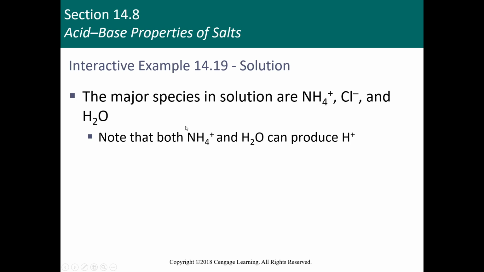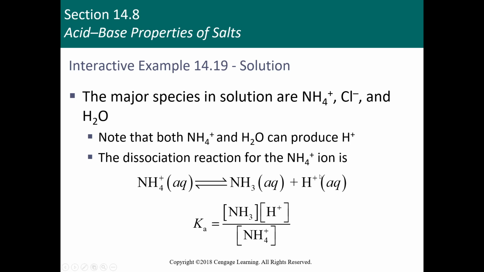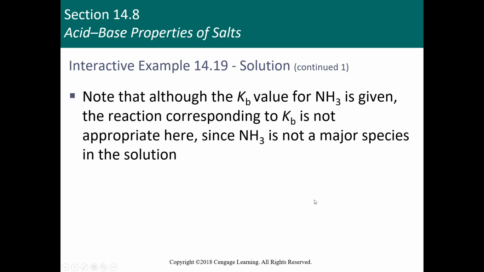The NH4 plus and H2O can both give off H pluses. However, the NH4 plus ion is more likely to dissociate and have an H plus come off. So right here we see this NH4 plus losing a proton, acting as an acid. This would be its Ka expression, products over reactants, just like every other time.